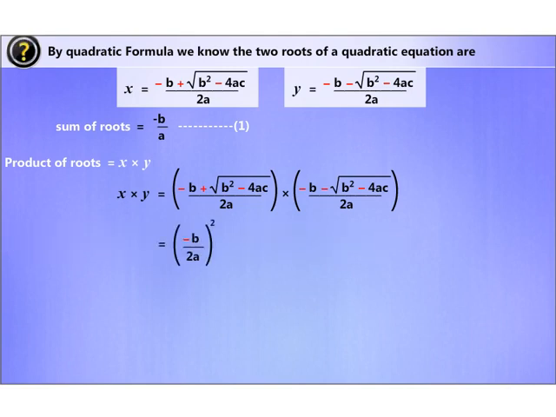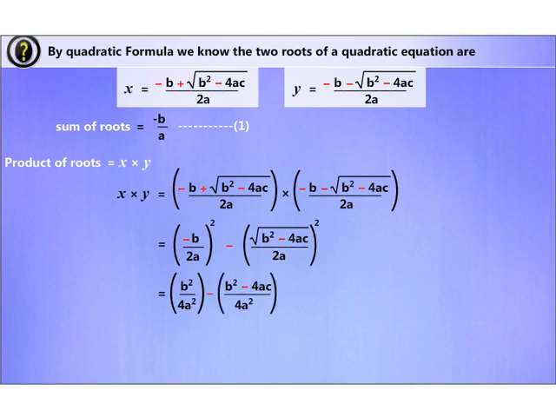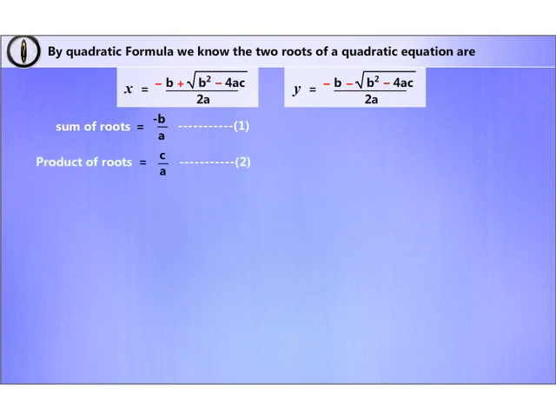That is equal to b²/4a² - (b² - 4ac)/4a², which is equal to b²/4a² - b²/4a² + 4ac/4a². Cancelling out the positive and negative terms, we get product of roots = c/a.